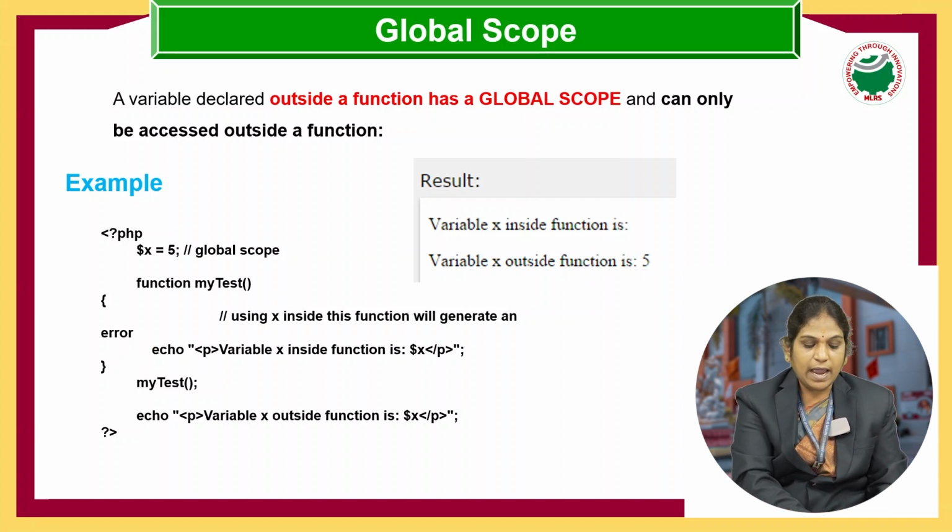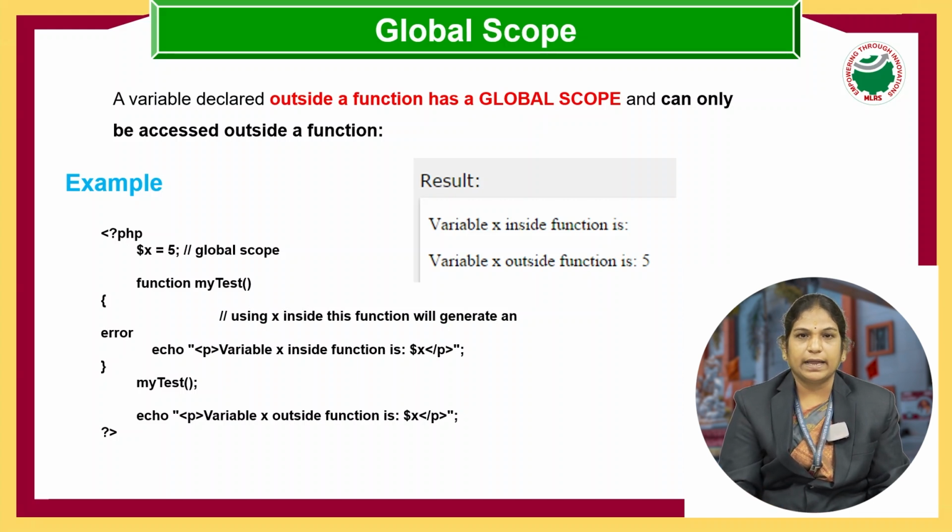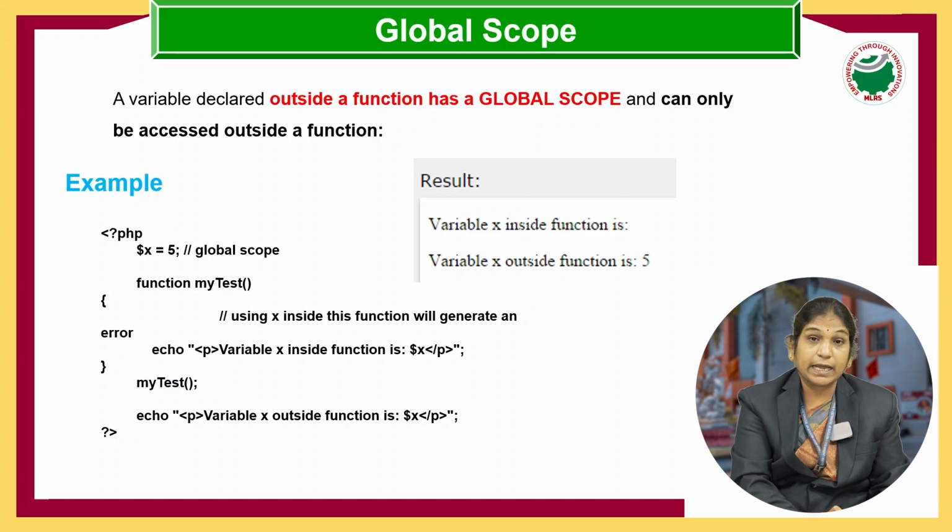Why? Because echo "variable x inside the function is $x" - this echo statement is inside the function myTest. But what is the $x value? Global. I have declared the value outside the function, before declaring the function itself.